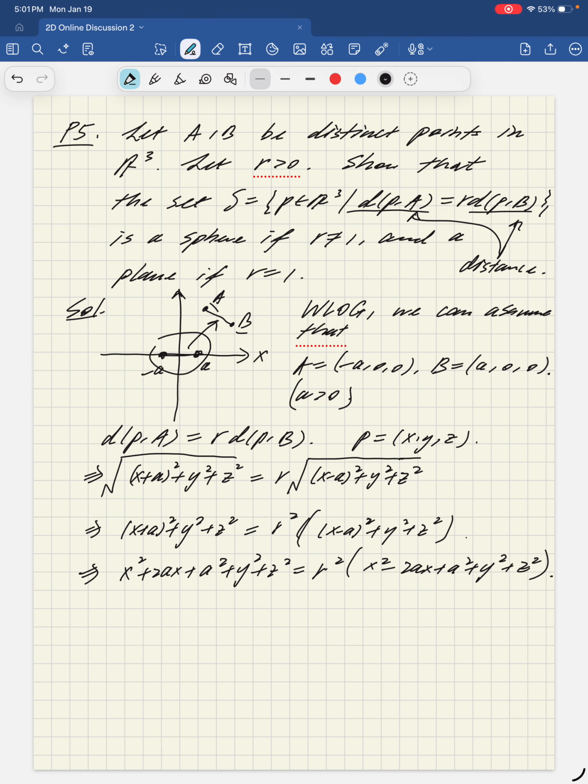So now notice that if my R is equal to 1, then my x squared here, a squared here, y squared, z squared, on both sides, they all cancel, right? So then we get 2ax is equal to negative 2ax. And because our a is non-zero, we can divide both sides by 2a. So x is negative x, and so x must be 0.